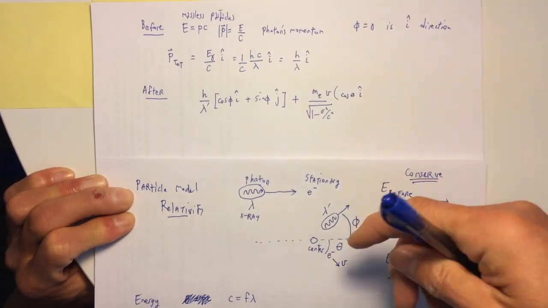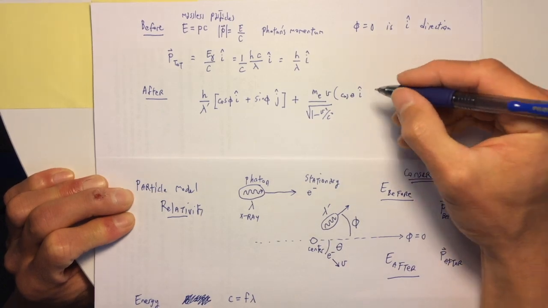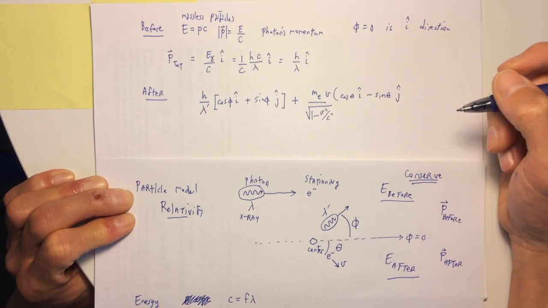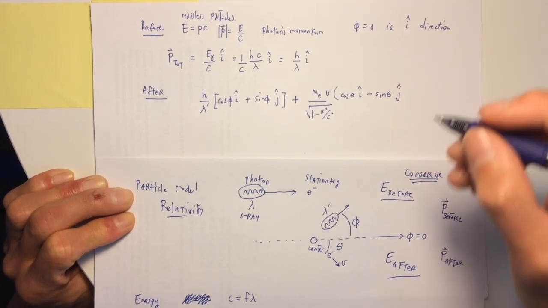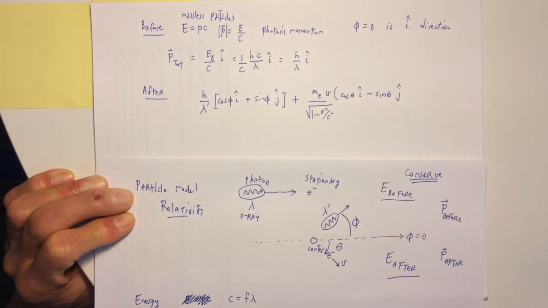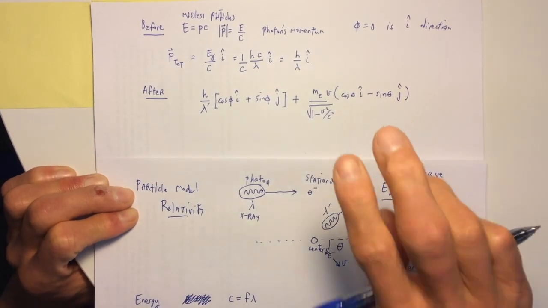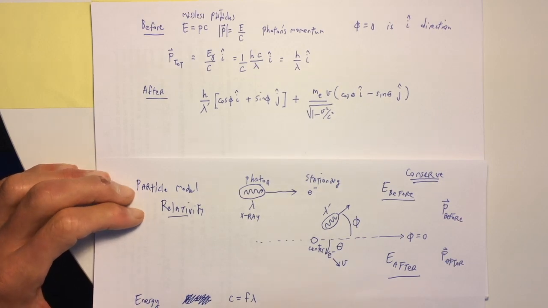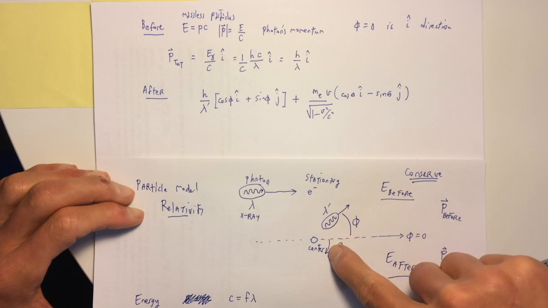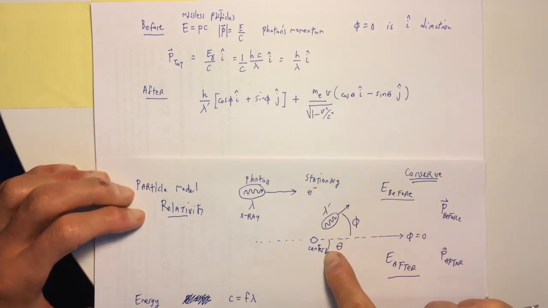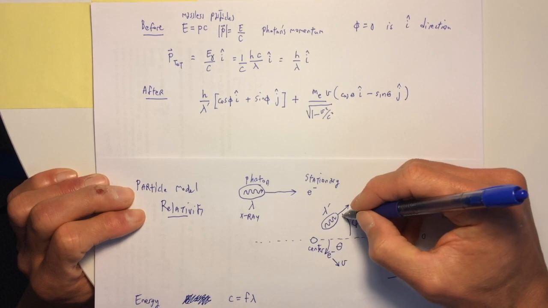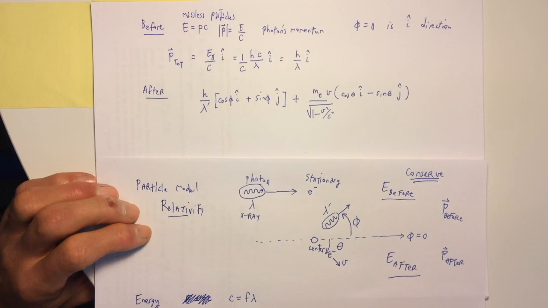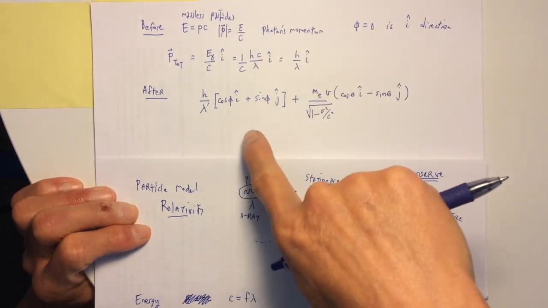But the y component is on the other side of the axis, so I'm going to say minus sine theta j hat, where theta is read positively away. That's kind of sloppy, but I'll leave it like this. So theta is read positively down off the sideways axis, and phi is read positively up from that axis.